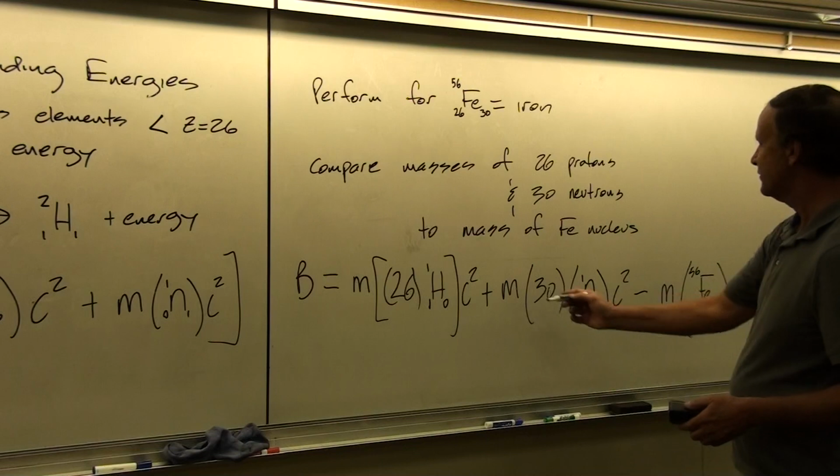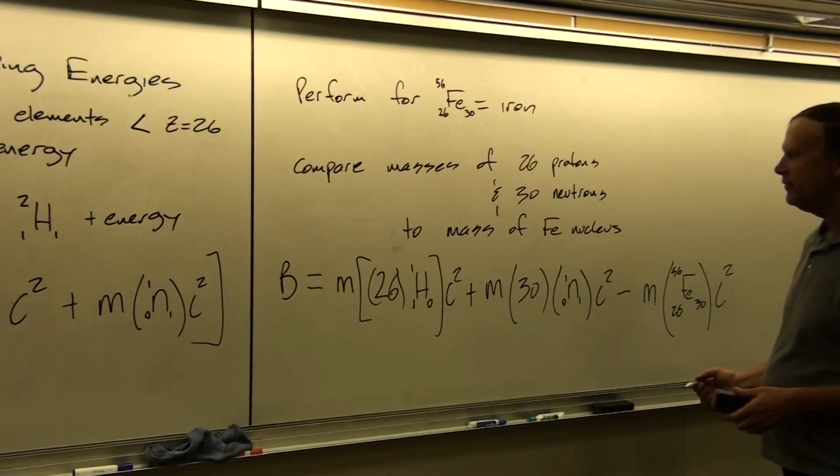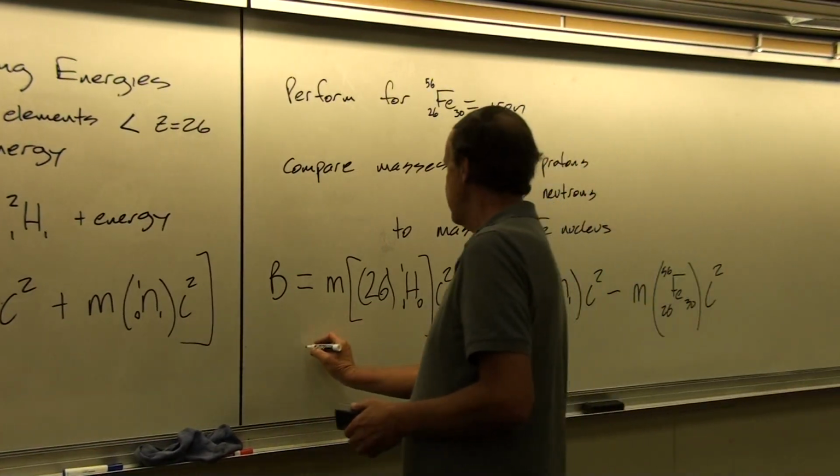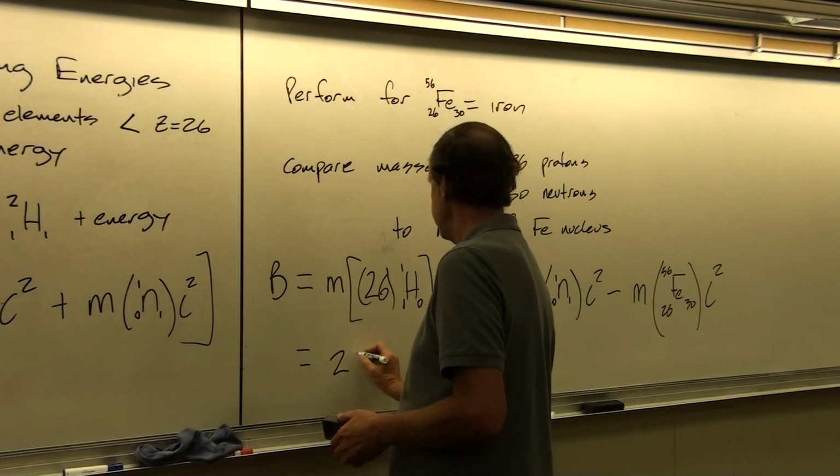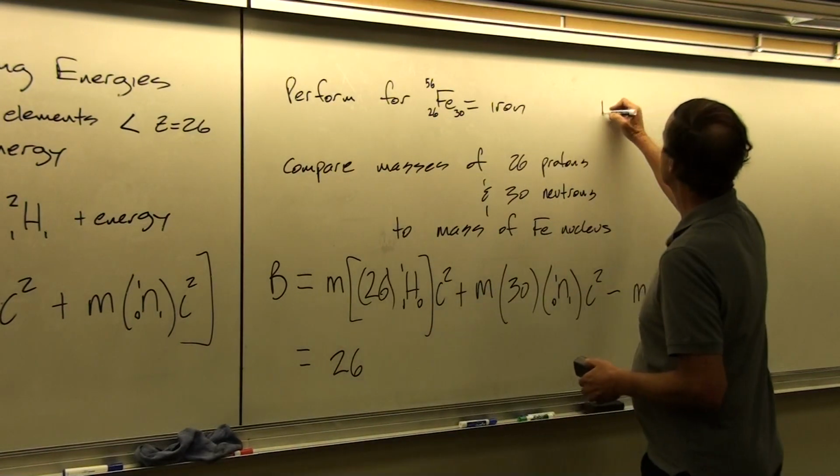Okay. And so we can factor out the c squared from all of these. And so what we end up with here then is 26, and the mass of a hydrogen atom.